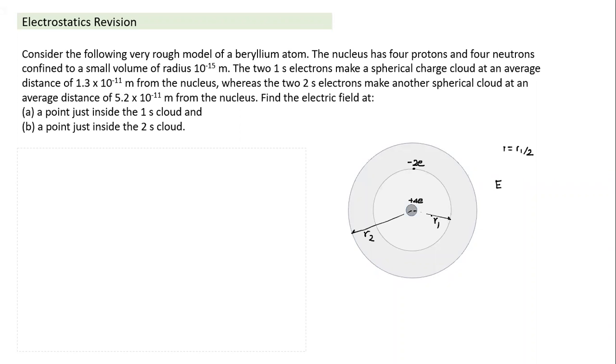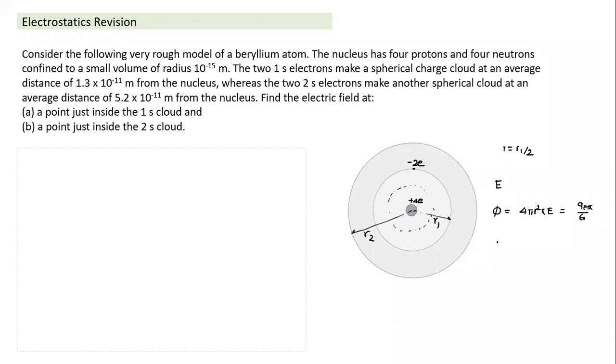If I draw a Gaussian surface here at r1 by 2, because of symmetry the field everywhere on the surface is the same. Every time the field is the same and perpendicular to the surface, so the flux through that surface is equal to surface area into field. Surface area is 4 pi r square, into field at that distance, is equal to charge enclosed by epsilon naught. If I take that radius, charge enclosed is only 4e. So I can find that field.